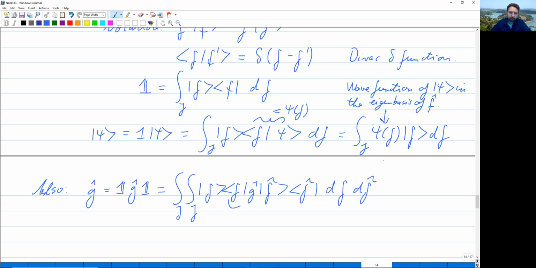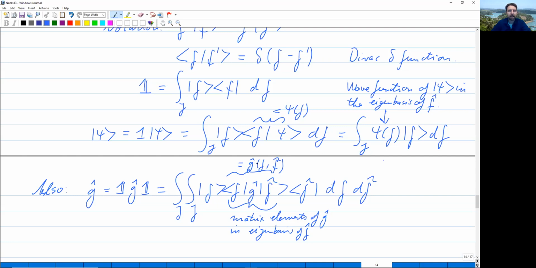This we would still call matrix elements of G hat in eigenbases of F hat. And we would write this as G hat of f and f tilde.